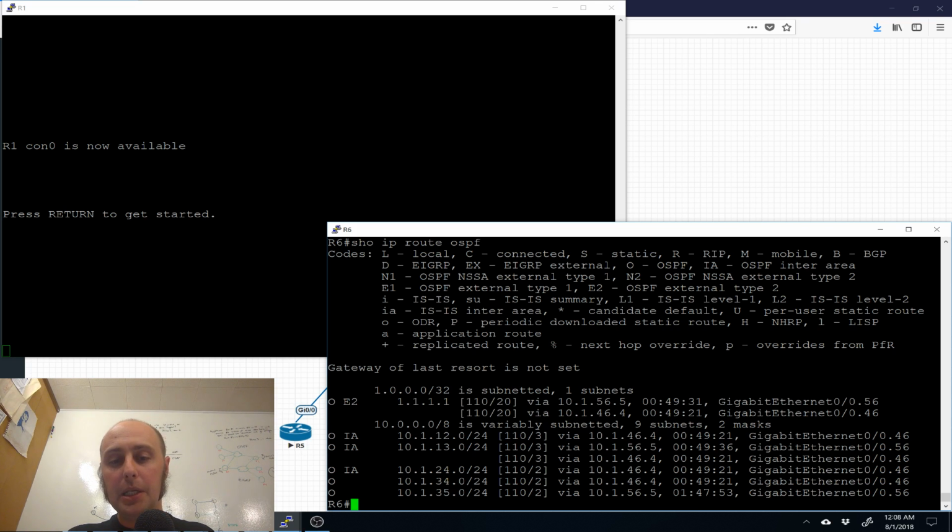The cost is right here in front of me in the routing table, and it's a cost of 20. It's a cost of 20 because by default, OSPF will inject redistributed prefixes as E2s, which carry a constant metric of 20.